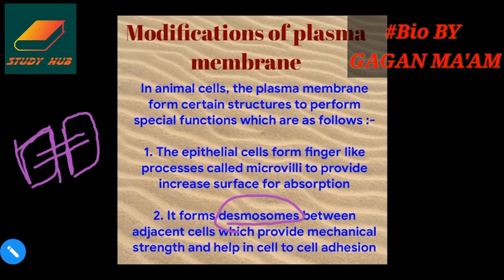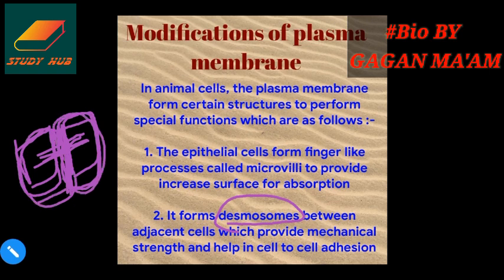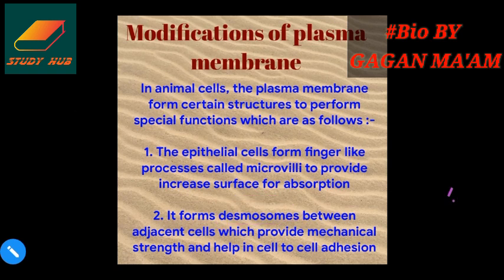These two cells strongly adhere to each other with the help of these desmosomes. So what does it actually do? It will provide strong adhesion between cells because they are linked intercellularly to the intermediate. It forms desmosomes between adjacent cells which provide mechanical strength and help in cell-to-cell adhesion.